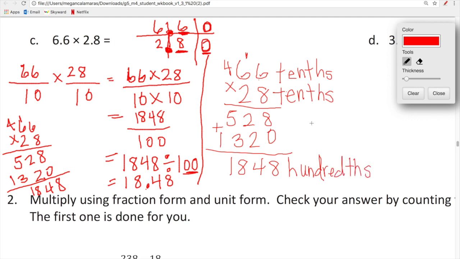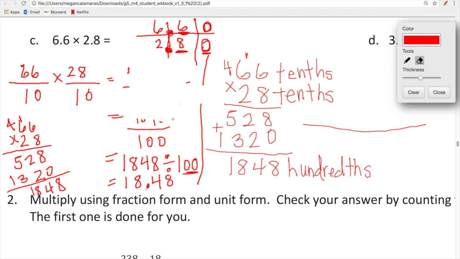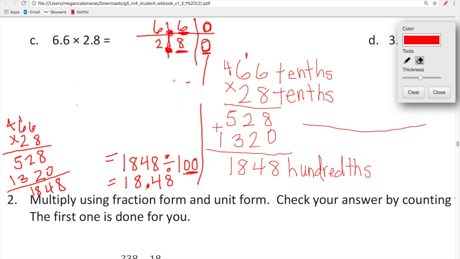Okay, so let's slap that on. Actually, I think I can. I'm going to just erase this stuff up here, you guys, so I can draw another place value chart. Let's look at what 1,848 hundredths looks like on the place value chart.